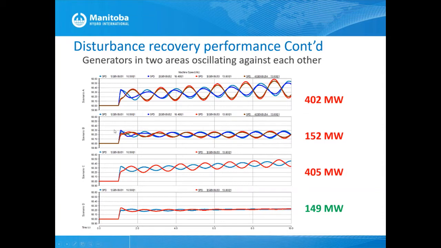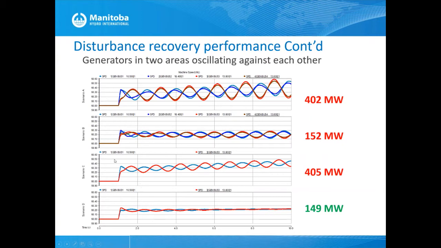When you go to scenario B, you still see some growing oscillations. Same with scenario D. And here I'm showing the amount of interior power transfer. So regardless of the power transfer, you can see there will be instabilities. If you go to the last scenario, this is a stable case, but still you can see some interior oscillations in that.